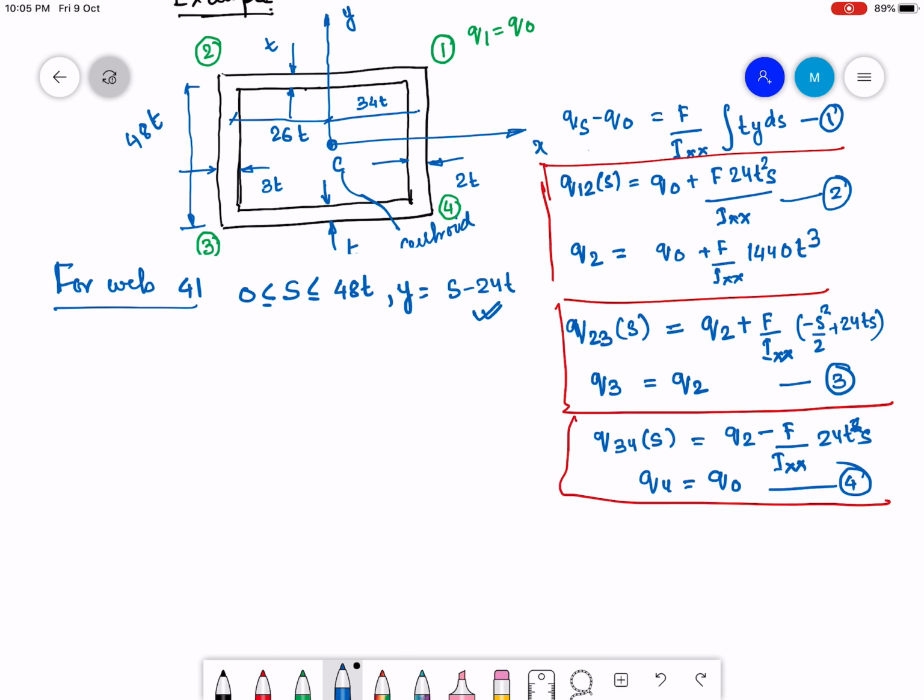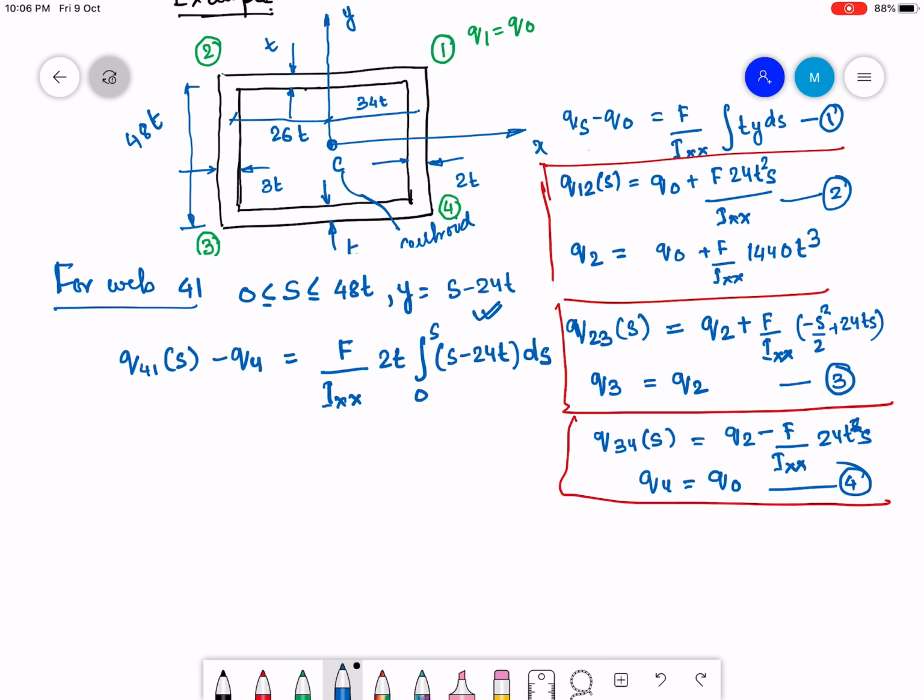Okay, so let me write Q41S minus Q4 is going to be F by Ixx into t, which is 2t, and so 0 to S of y minus 24t into ds.